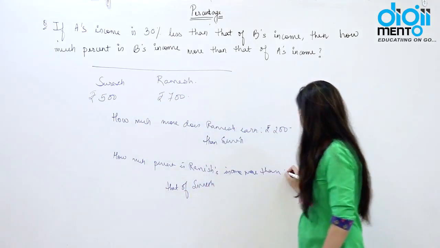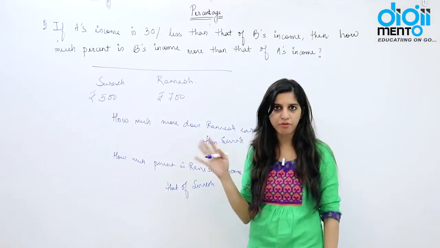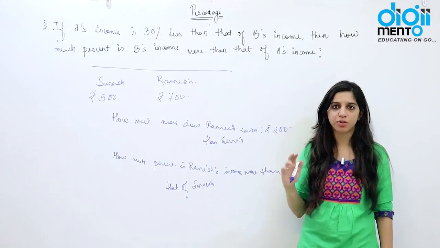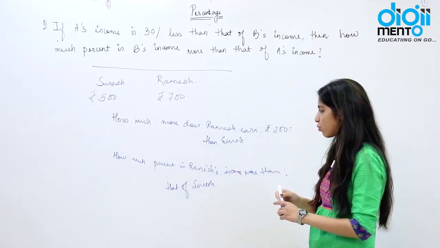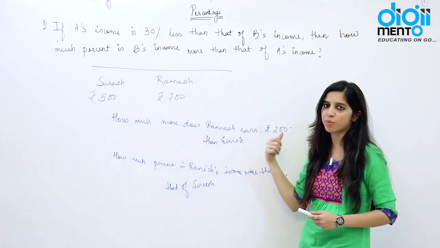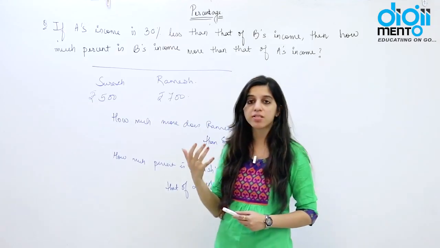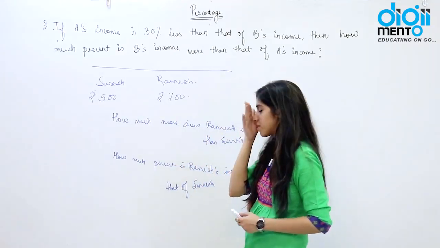Now see, we know the concept of percentage. Why are we finding percentage? To scale it down to a reference of 100, to compare it, right? In absolute sense you know that this person is earning rupees 200 more, but you need to have a scale. On scale of what? You cannot directly multiply it with 100 to find percentages.